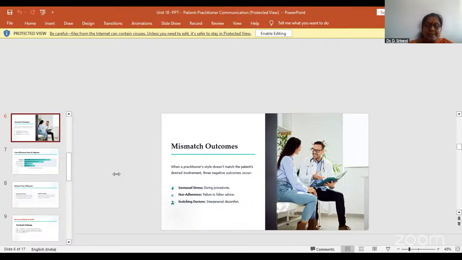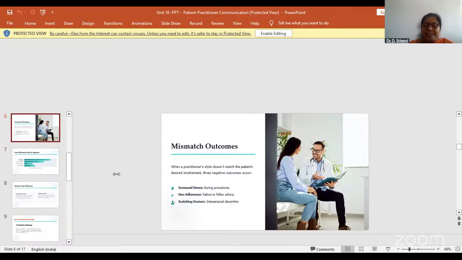While much focus is placed on the practitioner's bedside manner, the patient's own behavior and communication style play a crucial role in the relationship's success.